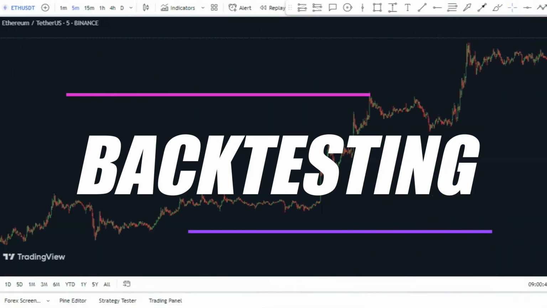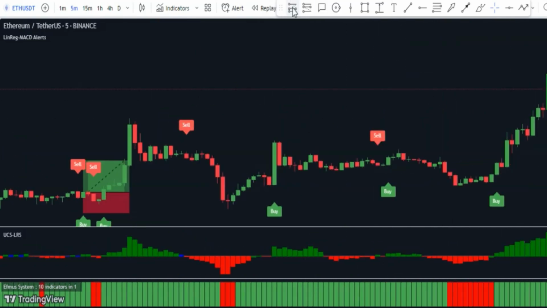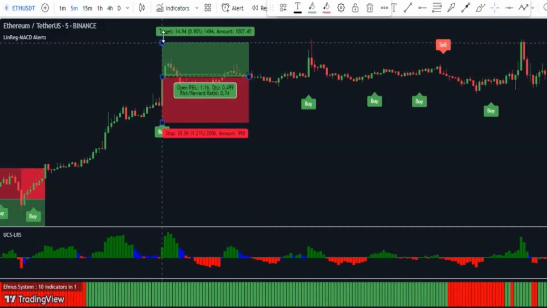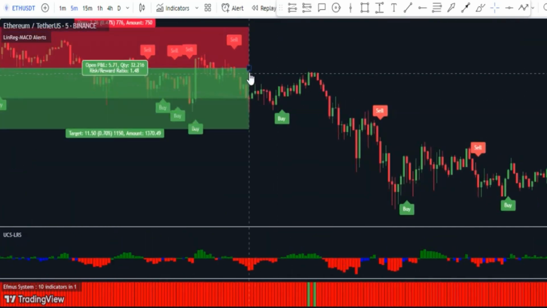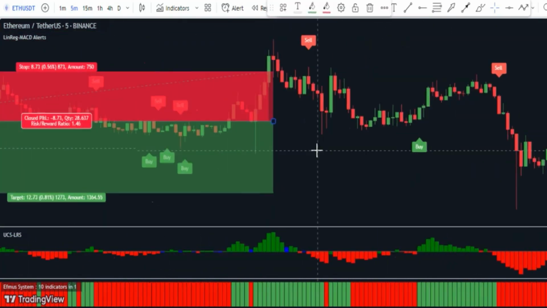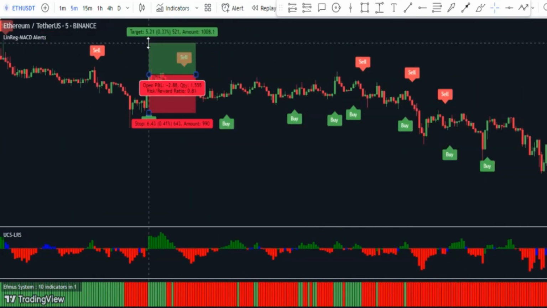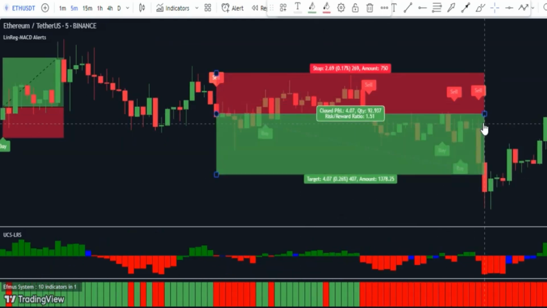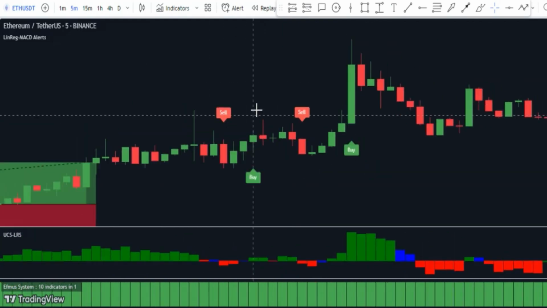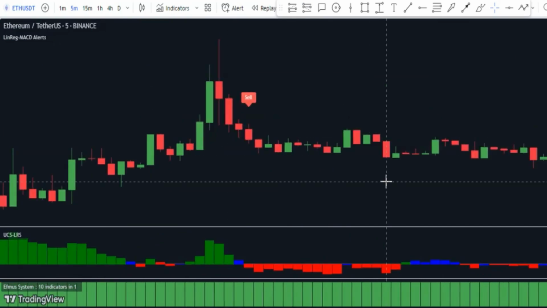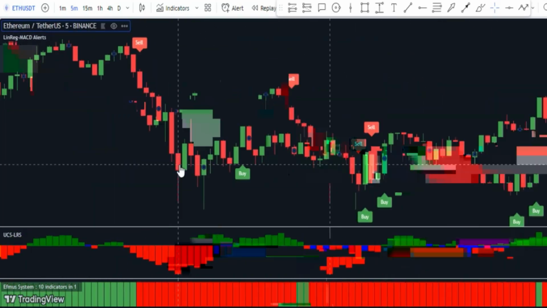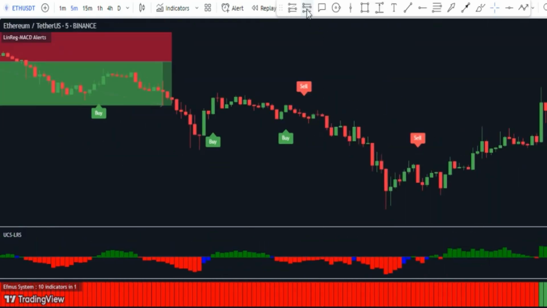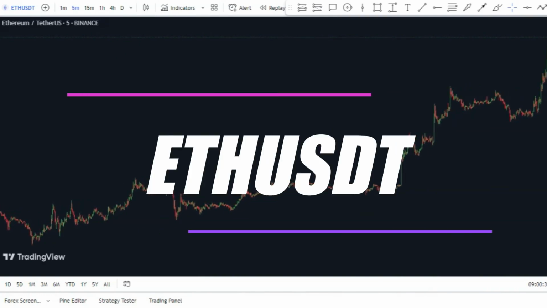After understanding the strategy, it's time to backtest it. So here's the result for the backtesting on the Ethereum chart and the 5-minute time frame.